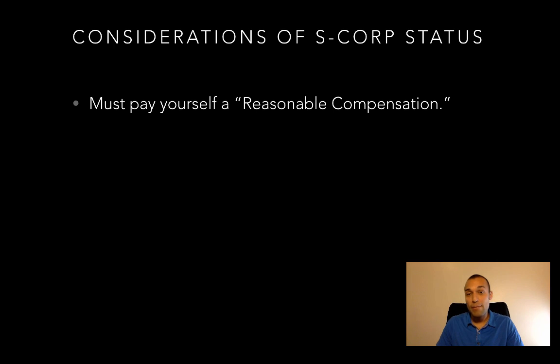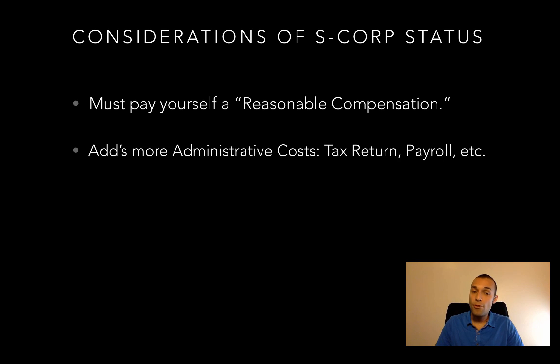And what reasonable compensation means is basically running payroll for yourself, W-2 wages. The reason why S-corps don't pay Social Security tax or Medicare tax is because eventually you, the shareholder, are going to run payroll for yourself, and through payroll you're going to pay Social Security and Medicare taxes. S-corp status adds more administrative costs.